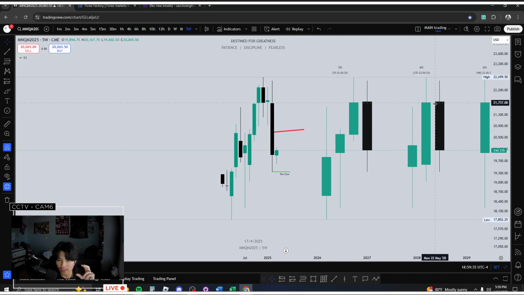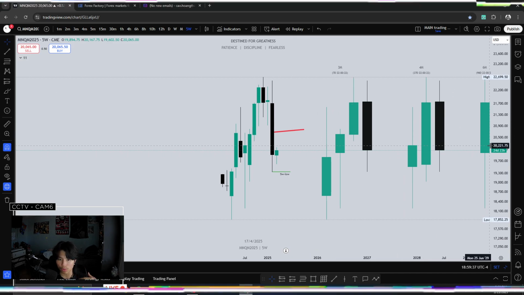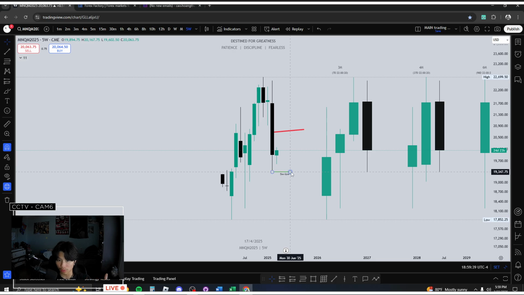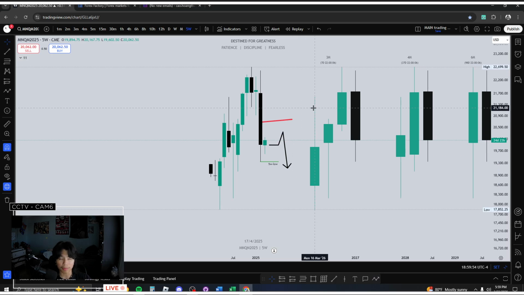In the next 24 days or so, I want to see us take out the 5-week low on this 5-week candle. So maybe we create the open, we manipulate higher, and then we trade lower. That would be my bias coming into the next 5 weeks.